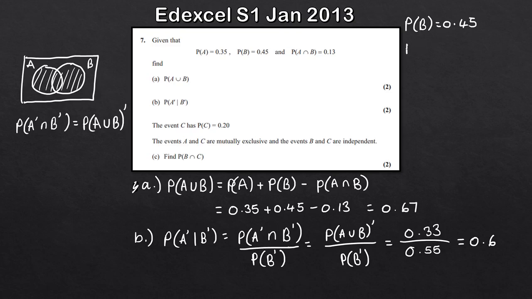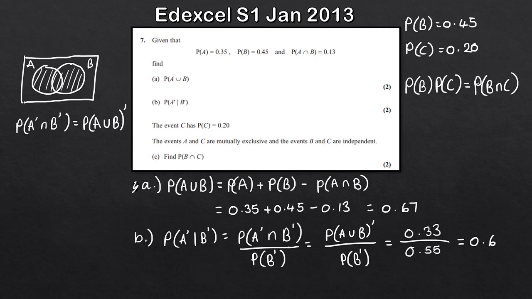The probability of C is 0.20. So if we want the probability of B intersection C, we just use the formula that we know, which tells us the probability of B times the probability of C is equal to the intersection of those two events, so B intersection C. And that's what we're looking for here.